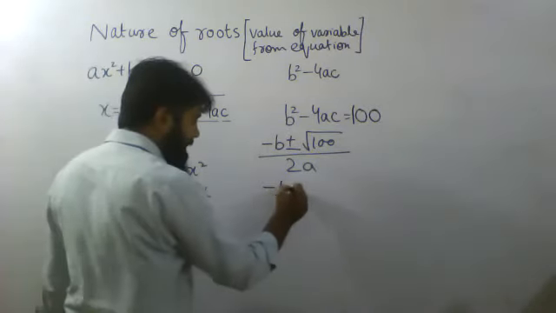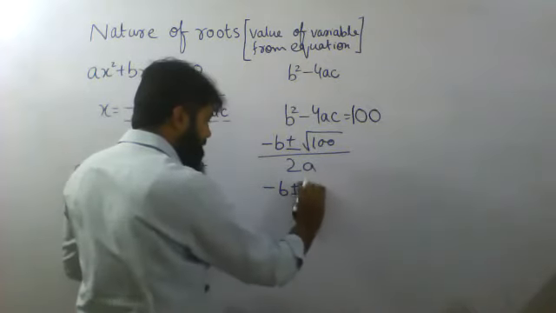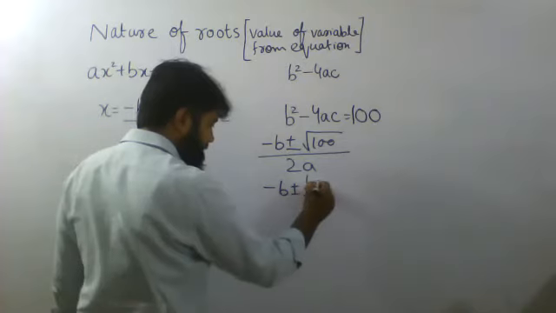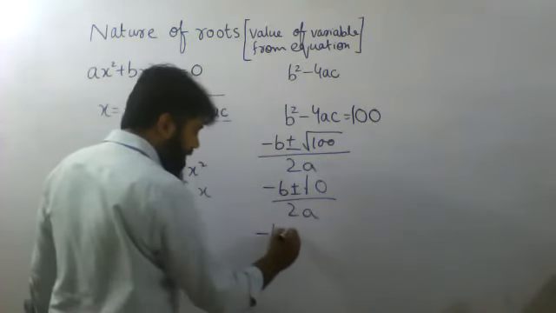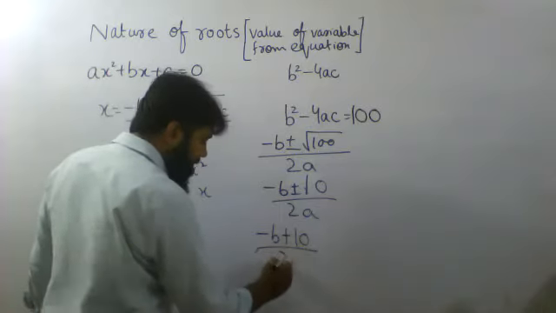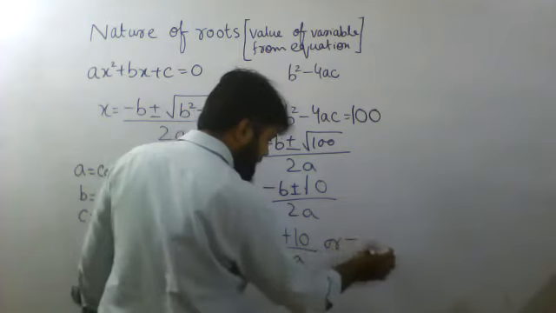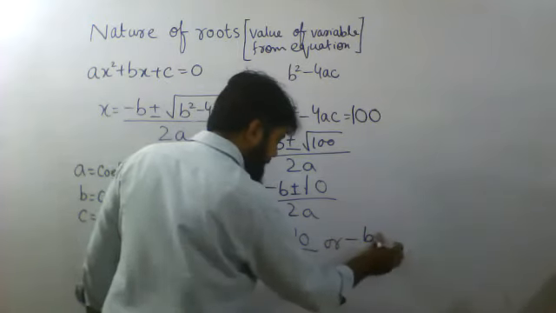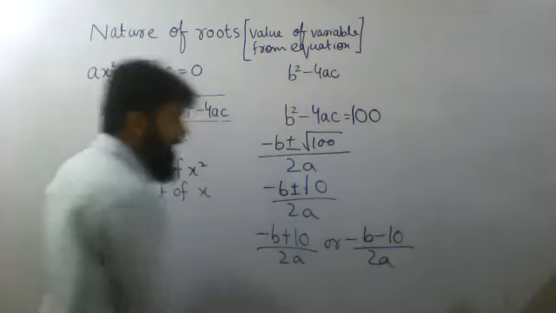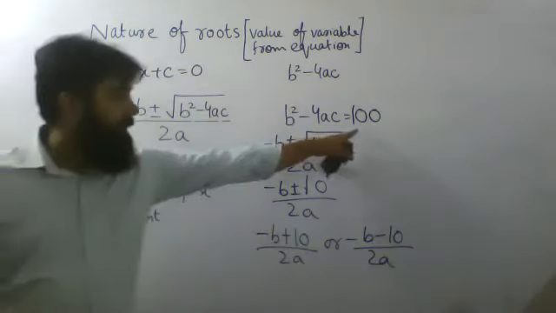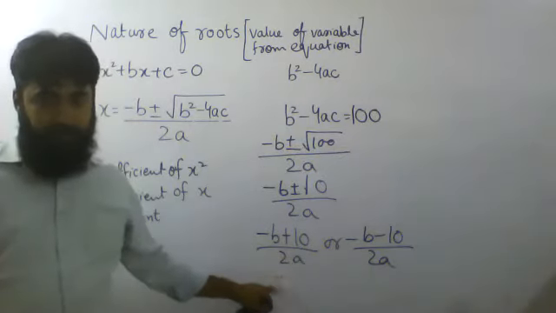So minus b plus minus under root 100 will become 10 upon 2a. So minus b plus 10 upon 2a or minus b minus 10 upon 2a. I have made it 100 and I am getting two different answers.